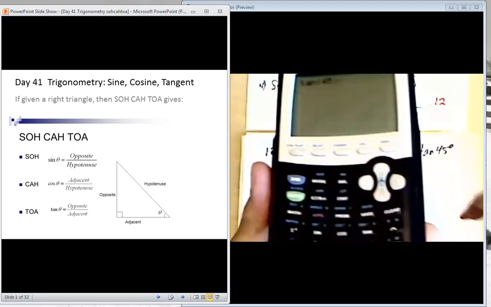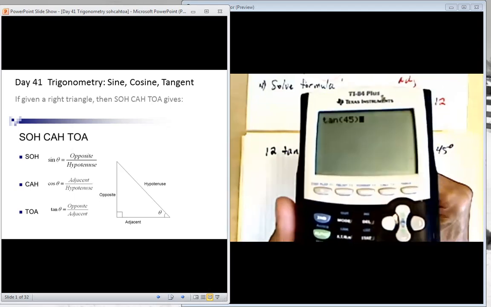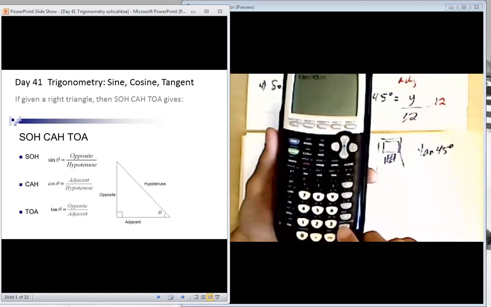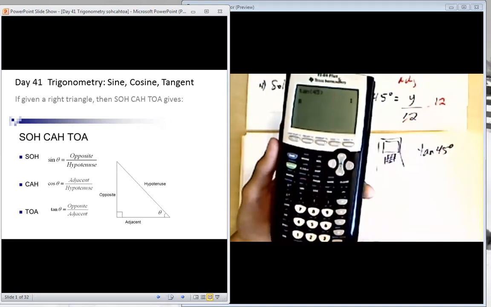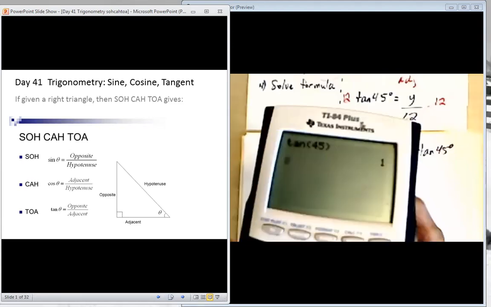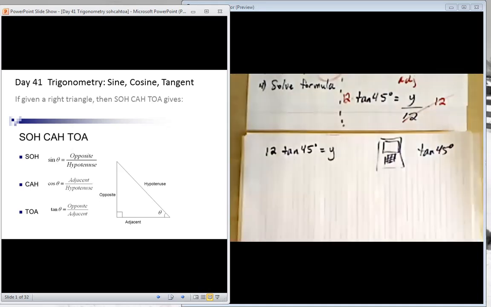You can see though, tangent of 45, just typed it in there. I press enter, not equal, and I get an answer of 1, which happens to be correct. The value for tangent of 45 is 1.